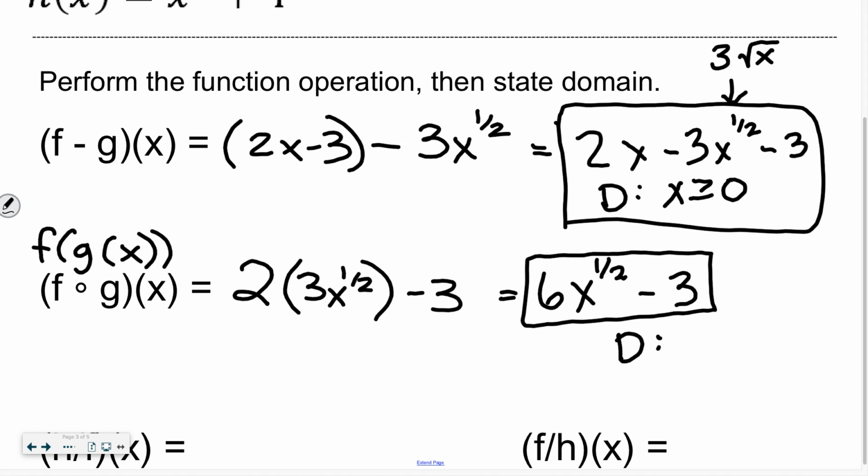What are the x's that I can put into that function and get answers back out? Same thing. X's that are greater than or equal to 0. Anytime we encounter this x to the 1/2, we're going to have that whole issue of can't put negatives in. So if it's an odd root, it'd be less than 0. Oh, if it was an odd root, what would my domain have been?